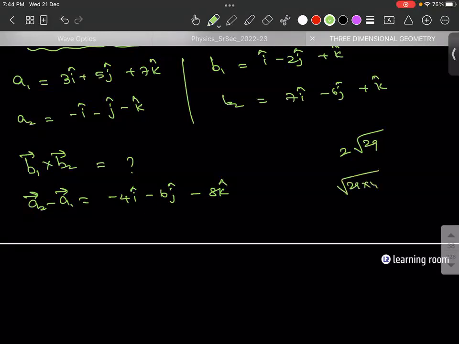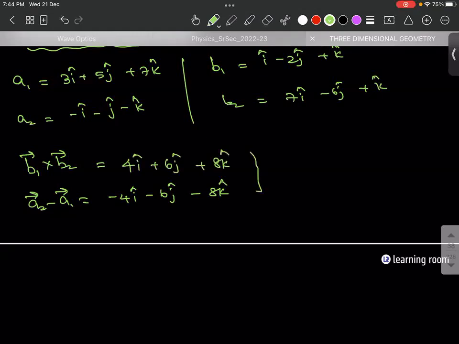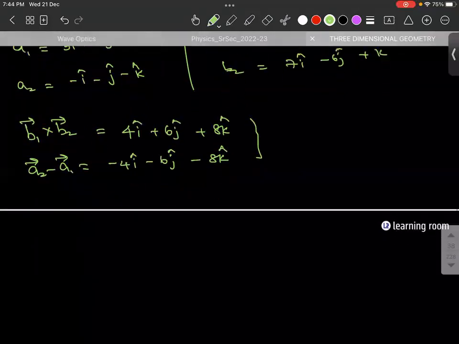Correct. So what is B1 cross B2? Sir, 4 i cap plus 6 j cap plus 8 k cap. Exactly opposite signs, sir. They're anti-parallel to each other. Yes, sir.